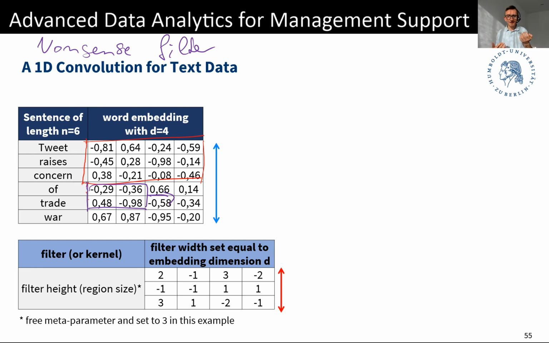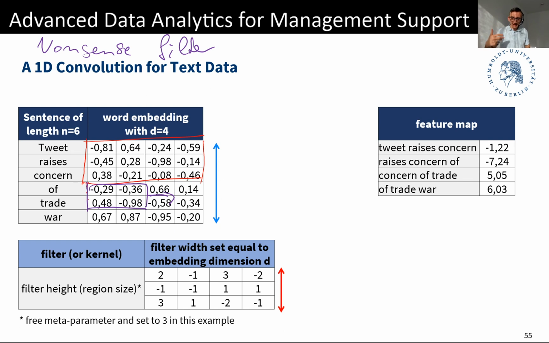The structure in the text is not in doing a moving average along the embeddings or individual subparts of the embedding dimensions. We would basically have the filter always covering a certain region size in the sequence and covering the entire embedding dimensions.